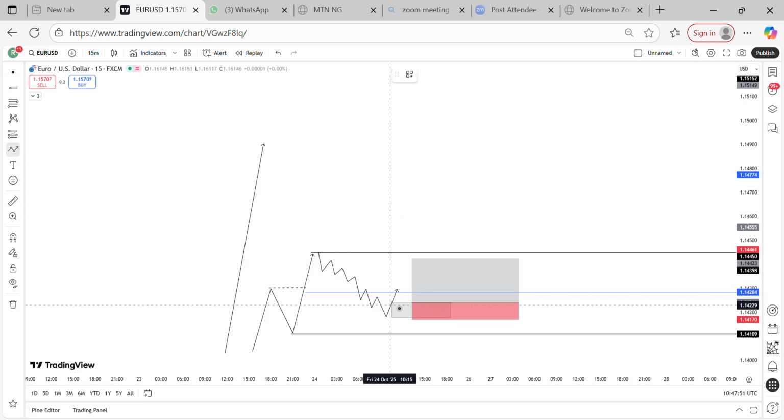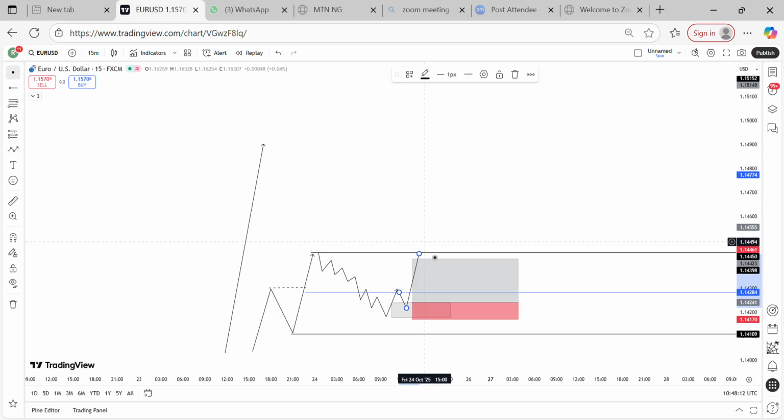This is the origin that caused the change of character. The buyers came into the market from this point, which means whenever the market comes back to this place, this point might tend to hold the market. The buyers might tend to push the market higher from this very point.